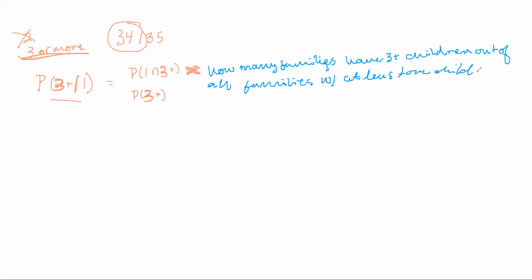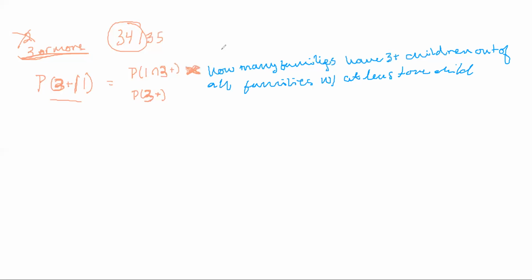So basically how you want to think about this is not that all families that have 3 or more children also have 1 child, which is how I initially looked at this, which is wrong. What you want to say is how many families that have 3 or more children are there out of all the families that have at least 1 child.